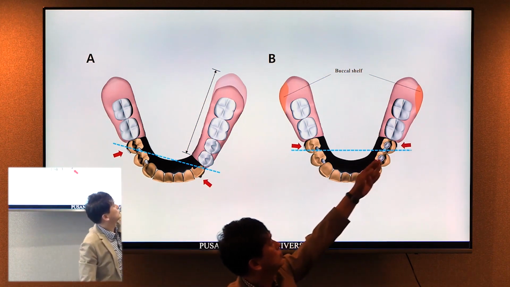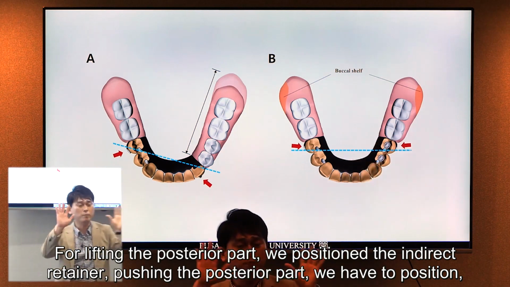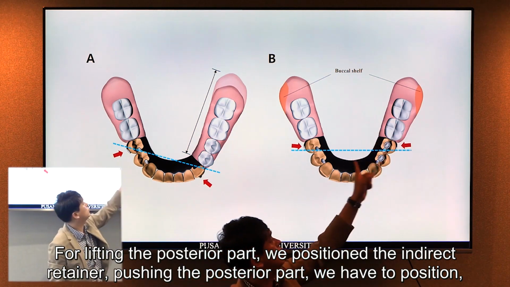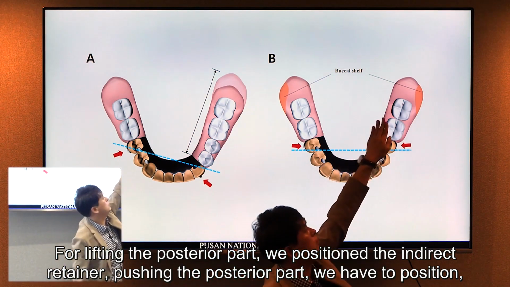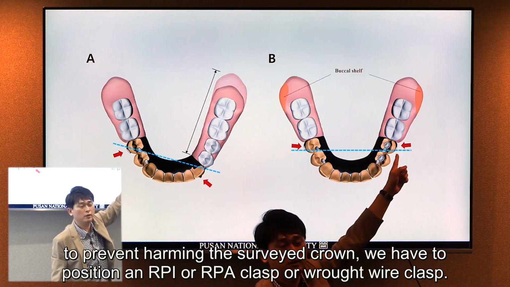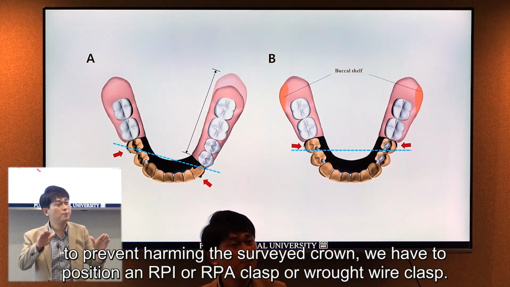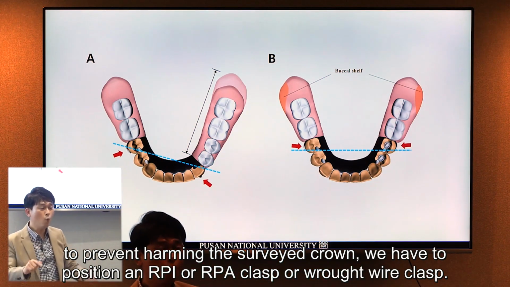So for lifting of the posterior part, we position the indirect retainer. And for pushing of the posterior part, to prevent harm to the abutment crown, we have to position an RPI or RPA clasp or a Rottweiler clasp.